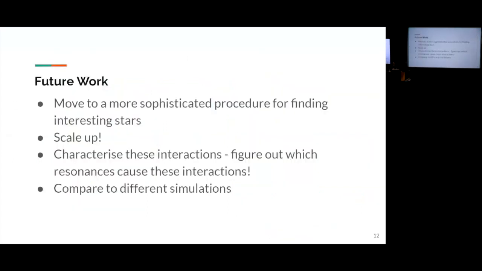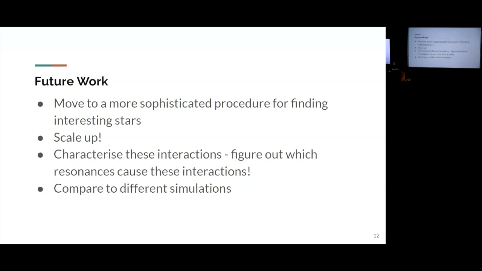As I mentioned, the sigmoid is not exactly perfect, and I can do a better job. I can do likelihood analysis. I can do a full actual regression. 1,000 stars in half kpc annuli bins is not exactly taking advantage of the absolutely massive simulation we have, so I have to scale up as well.